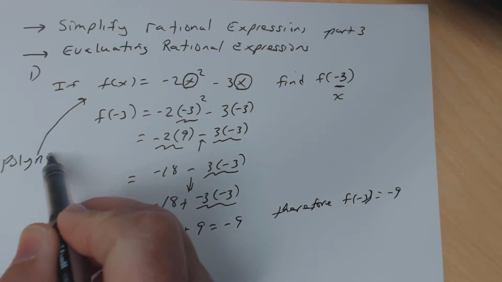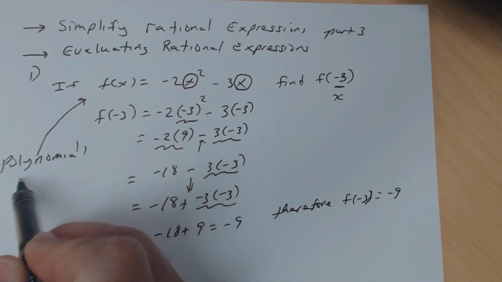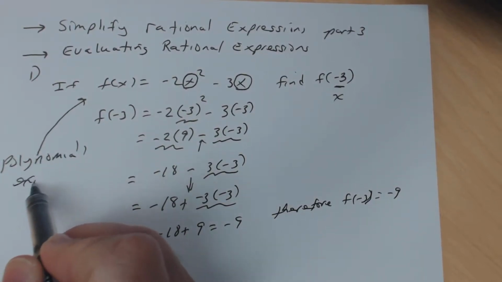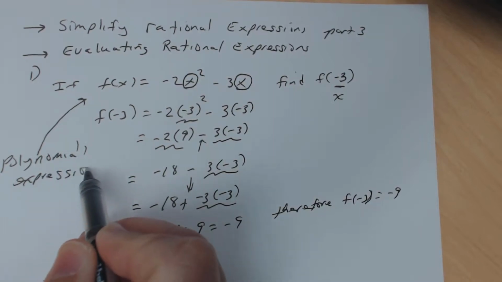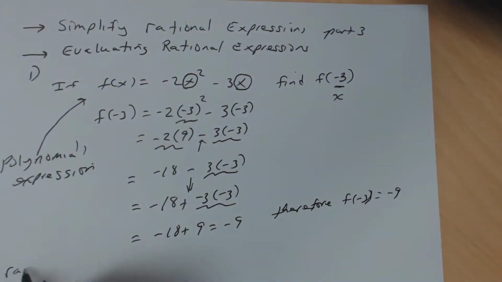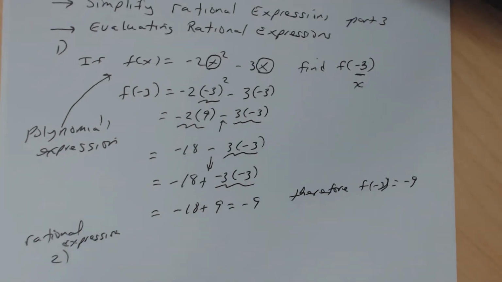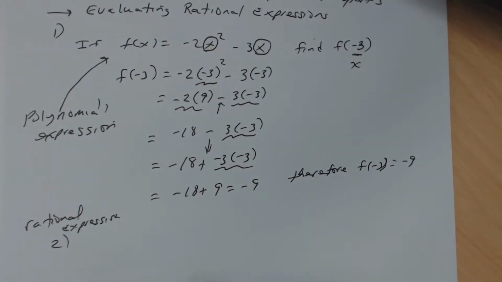It's quadratic, though. What we're going to look at now are rational expressions. So we're going to do the same thing, but with rational expressions. It's not that difficult. It's fairly easy. So let's look at this example.